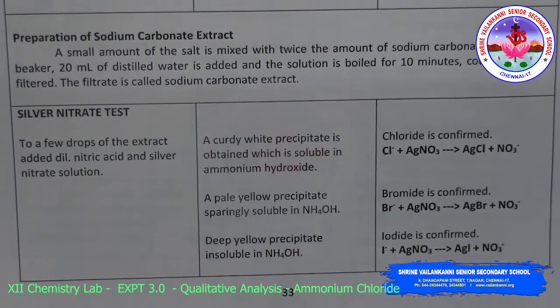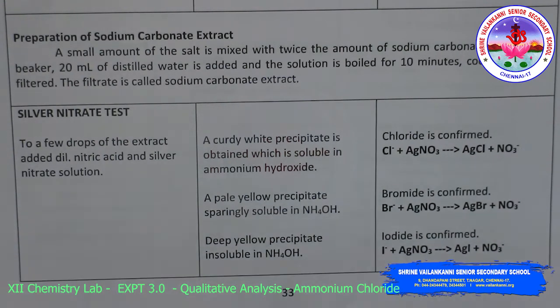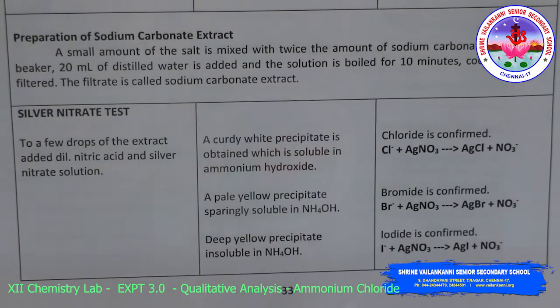If a curdy white precipitate is obtained which is soluble in ammonium hydroxide, chloride is confirmed. A pale yellow precipitate sparingly soluble in ammonium hydroxide means bromide is confirmed. A deep yellow precipitate insoluble in ammonium hydroxide indicates iodide is confirmed.